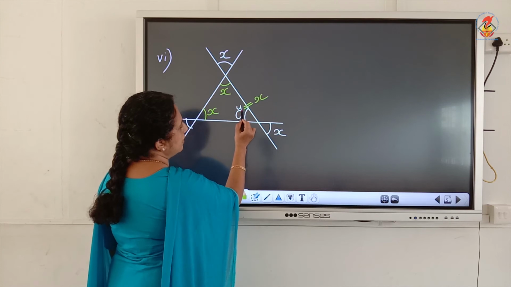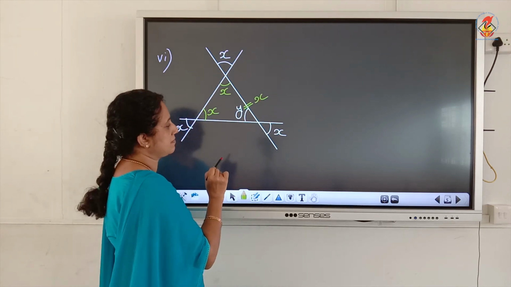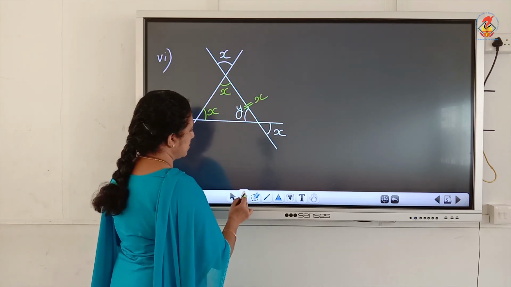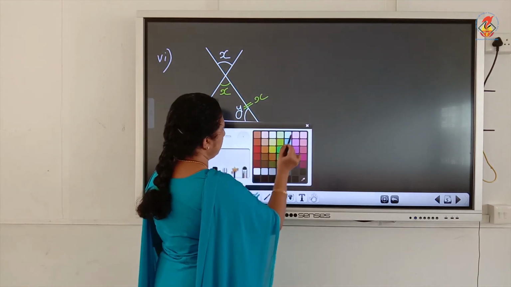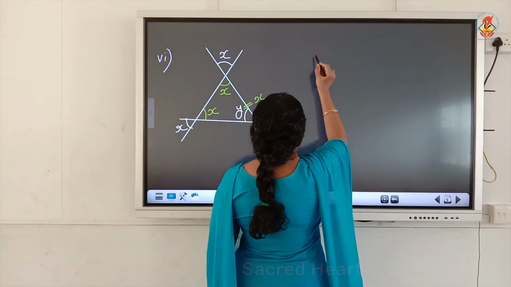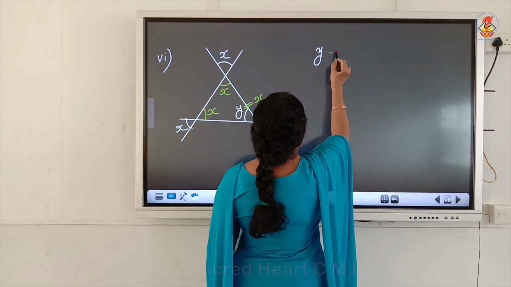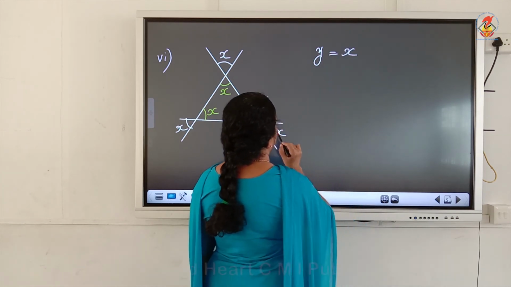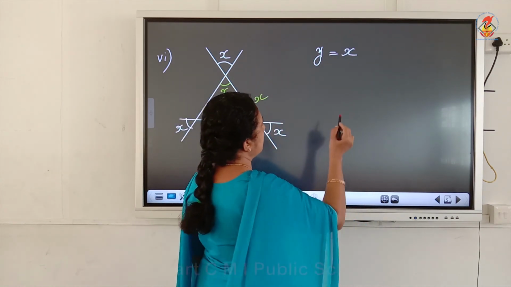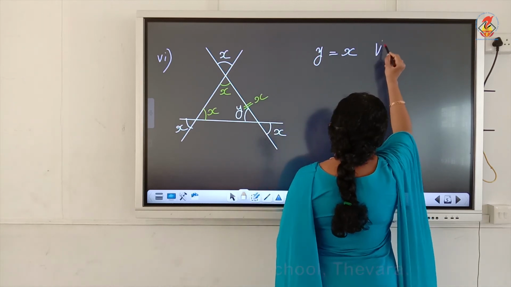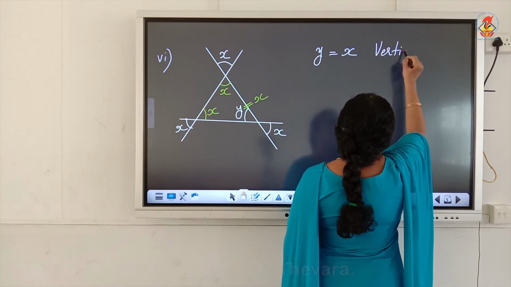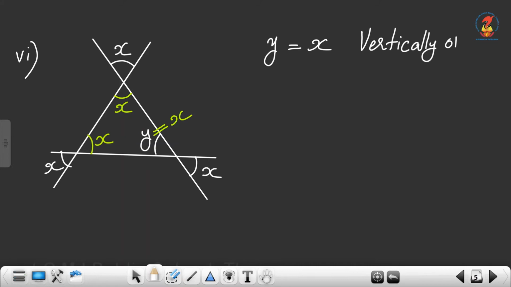So, instead of y we can write x. y is equal to x because vertically opposite angles are equal.